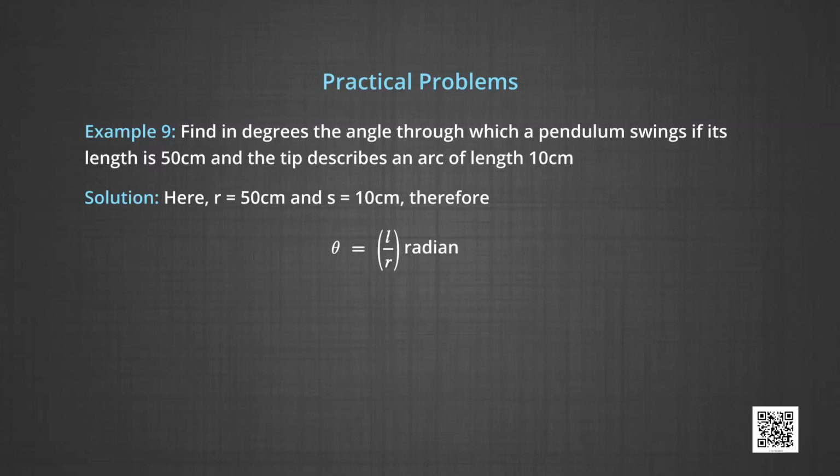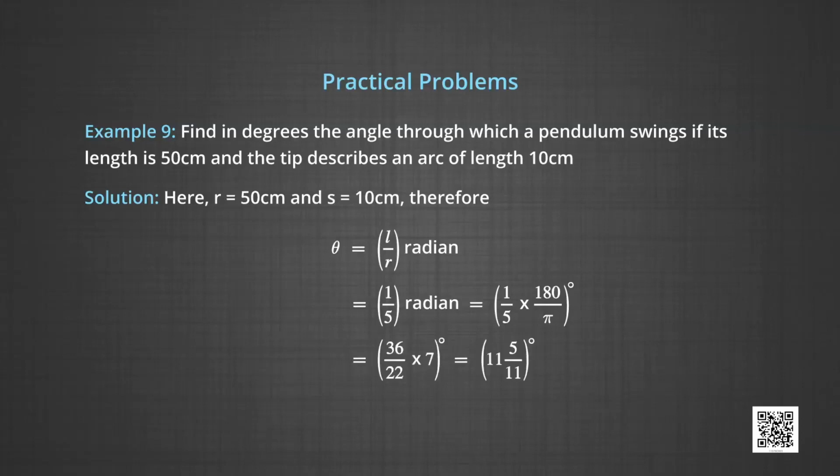Therefore, theta, which is defined as L by r radian, is equal to 1 upon 5 radian. We will convert this into degrees by multiplying 1 by 5 into 180 upon pi degrees.